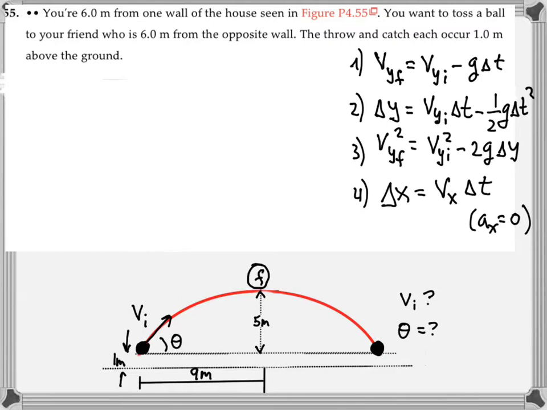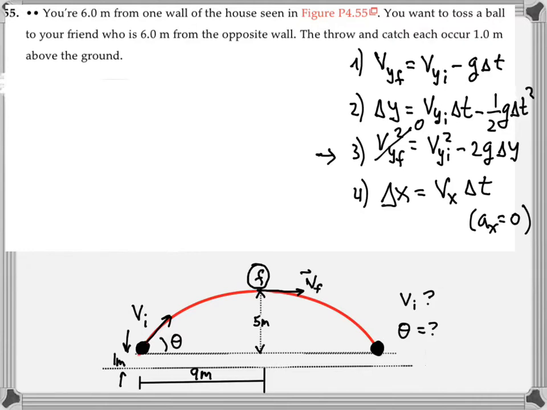So that's my final point. So the first equation that I can identify here, where I know a bunch of things and there is only one unknown which I can solve for, is equation number 3. At the final point, the velocity of the ball must be horizontal, otherwise it won't be the top of the trajectory. So we know that the vertical component of the velocity is 0 at that time.